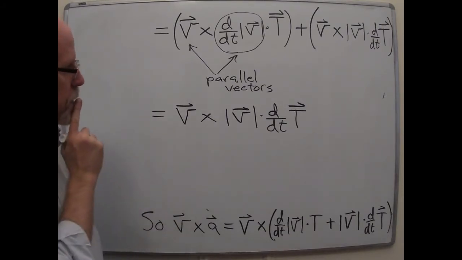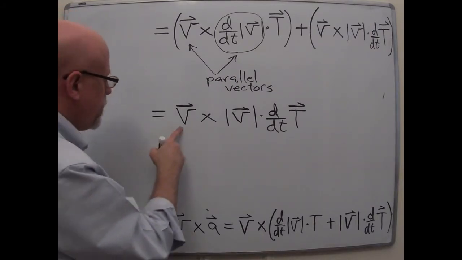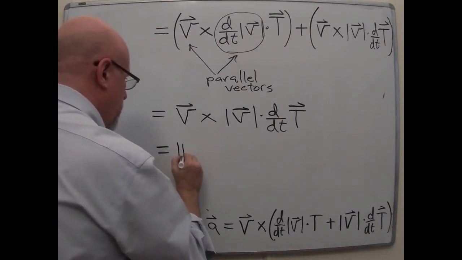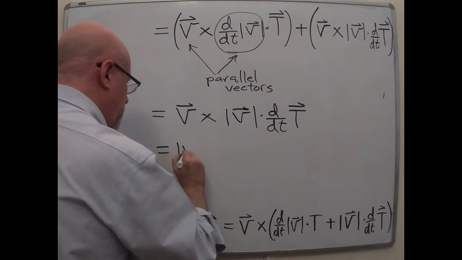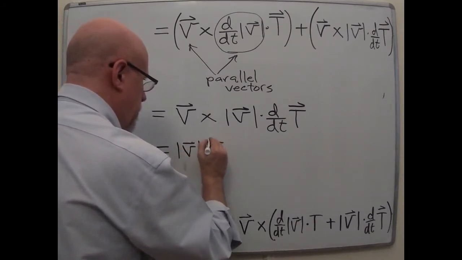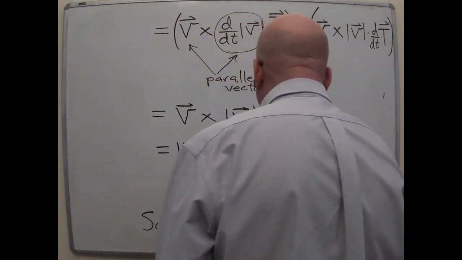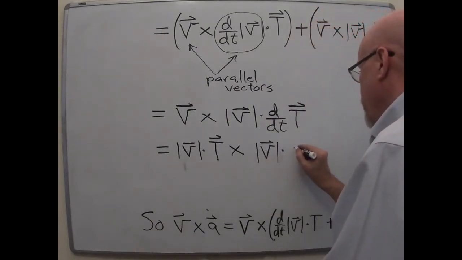Now, okay, here's an interesting observation. This v here could be rewritten, like we did before, as the speed times the tangent vector. So you take the length of v times the tangent vector, and we're crossing that with the length of v times the derivative of the tangent vector.